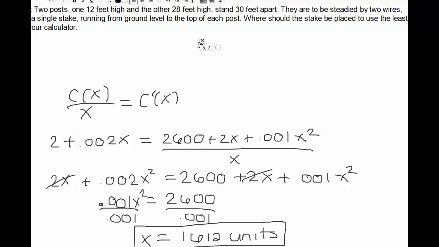Skip 8. Let's do 9 though. I like 9. And then go to 11. Okay, that's it. So 1 to 5, 7, and then 9 to 11.